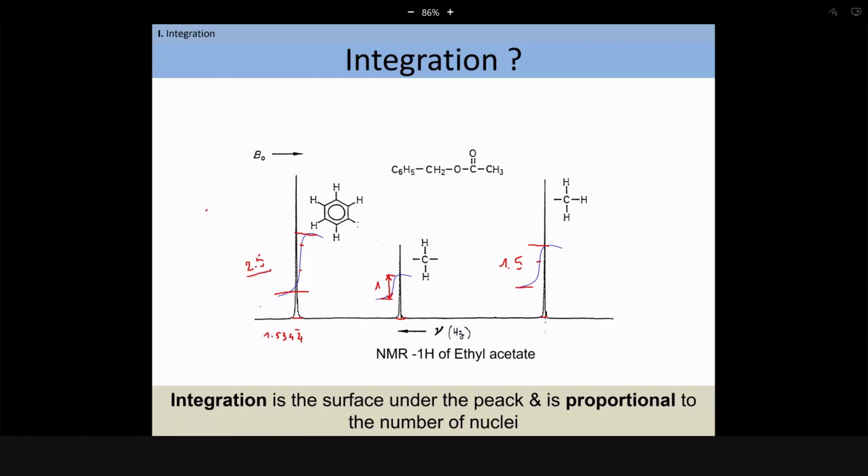Of course, it's not possible to have half protons. So that means that the signals in the middle do not correspond to 1 proton, but to 2 protons. So that means that here on the right side I have 3 protons.